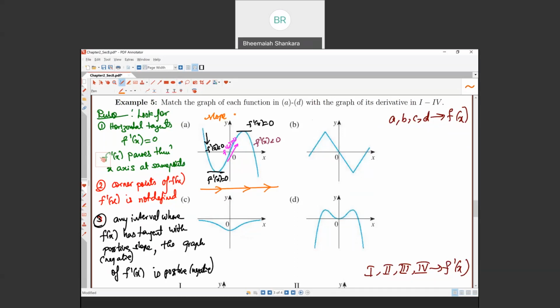You started with a negative slope, then it becomes 0. Then the slope becomes positive. Then again it becomes 0. Then it becomes negative. So you will look for a graph among the f prime graphs, 1 to 4, where you have this negative, 0, positive, 0, negative pattern of the slope. And you see that graph here.